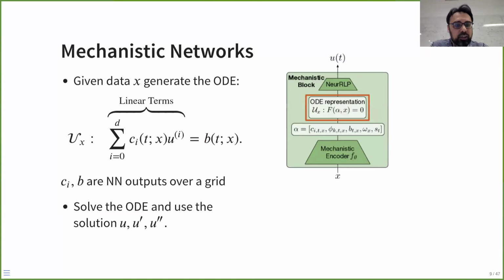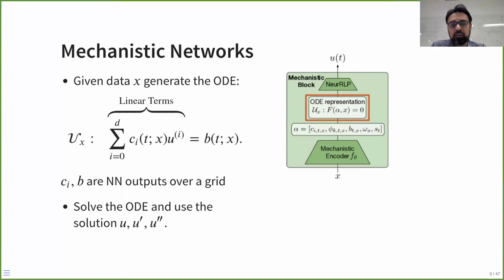So what is the structure of this representation? As I said, this is a linear differential equation. However, the coefficients may depend on time. So you have, let's say, a dth order differential equation. You have some coefficients Ci, and let's say the right-hand side B. These are neural network outputs.